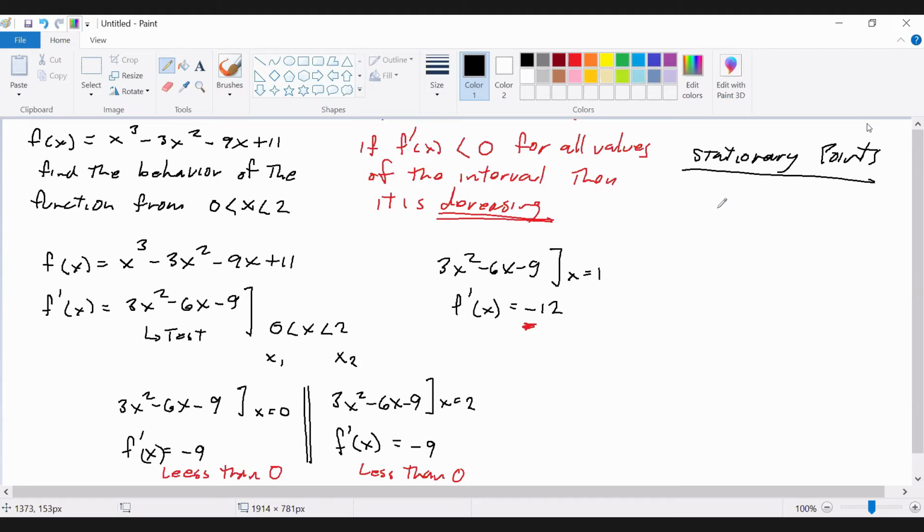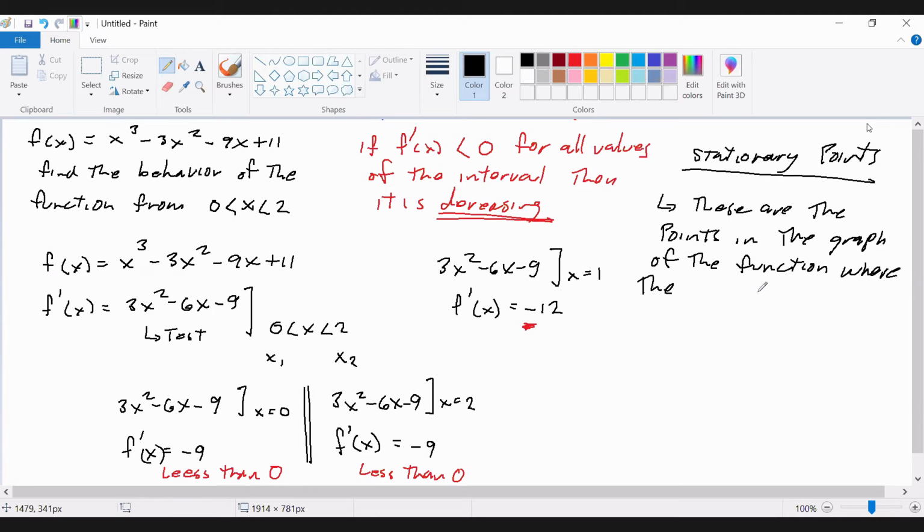These are the points in the graph of the function where the gradient is 0. So that is considered a stationary point.